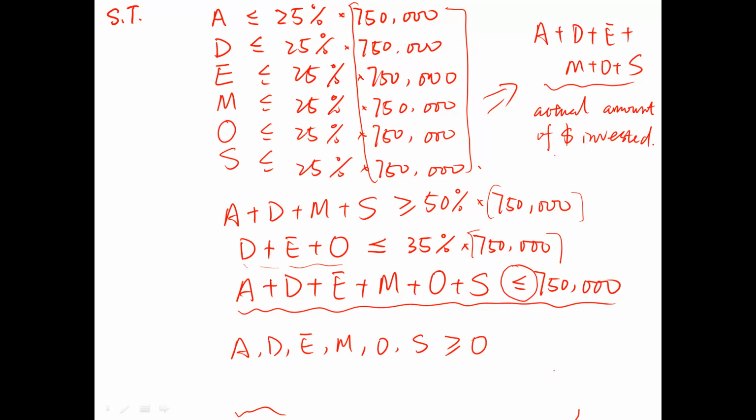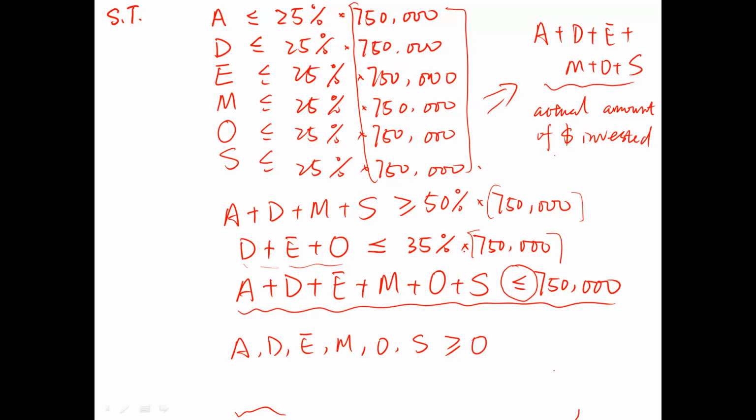Okay, so after changing this, think about it again. Because the 3 restrictions are saying, for example, the first one, we are not investing in any of the bonds for more than 25% of the total, and the total is represented by this sum here. Because of this constraint, there is a slight chance that we are not investing all 750,000. Same with these 2 constraints.